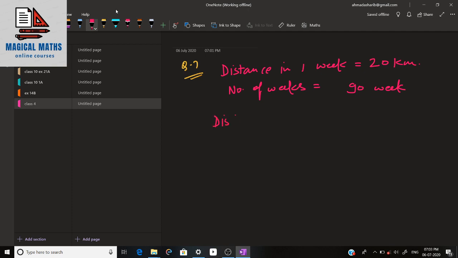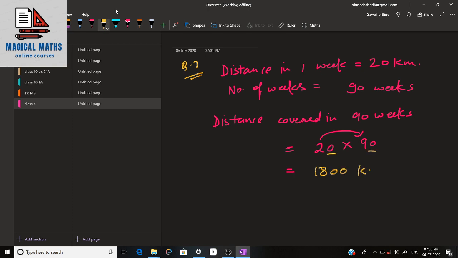So you can say distance covered in 90 weeks, okay, is equal to, just multiply the distance in 1 week, okay, into 90. So the answer is, just multiply 2 to the 9, 2 nines are 18, and 0 as it is, okay. So your answer is 1800 kilometers. This is your answer, students.